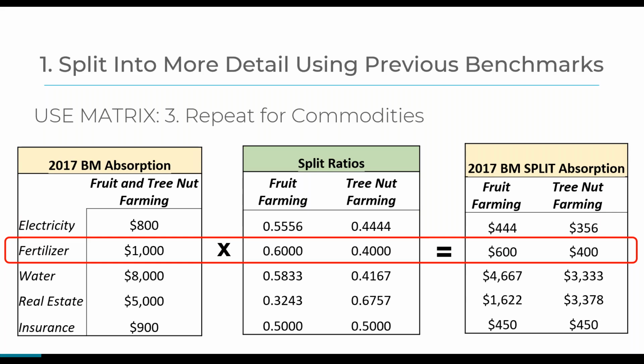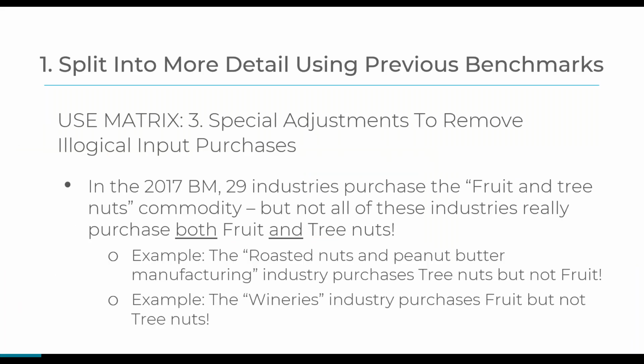Well, that's because in the current benchmark, there is just one commodity called fertilizer. But in previous benchmarks, this was split out into several different types of fertilizer, like nitrogenous fertilizer, for example. And so we now need to, after we've split these two industries apart, now we need to split the commodities apart. And we do it in the exact same analogous way.